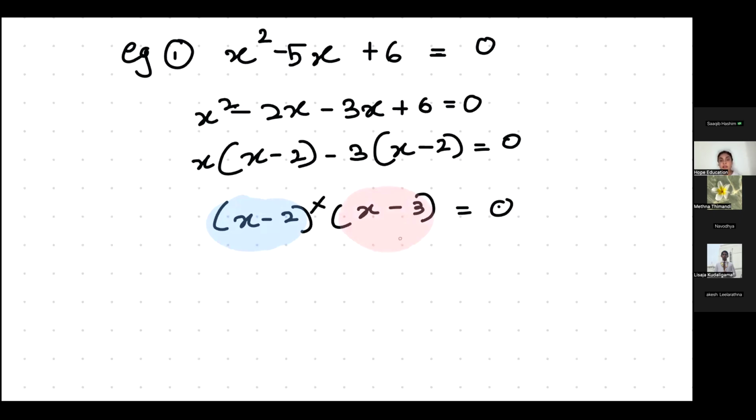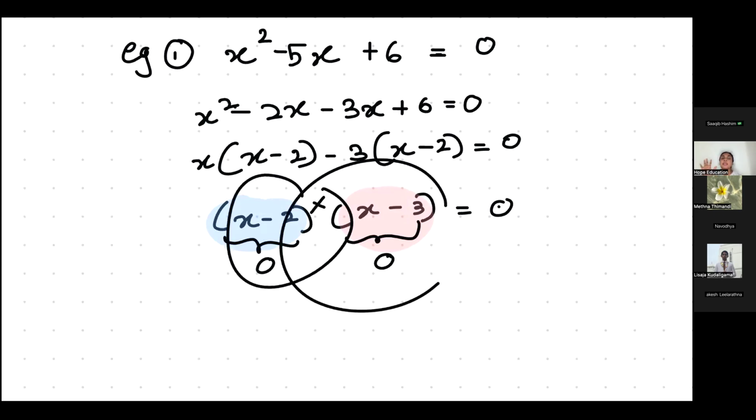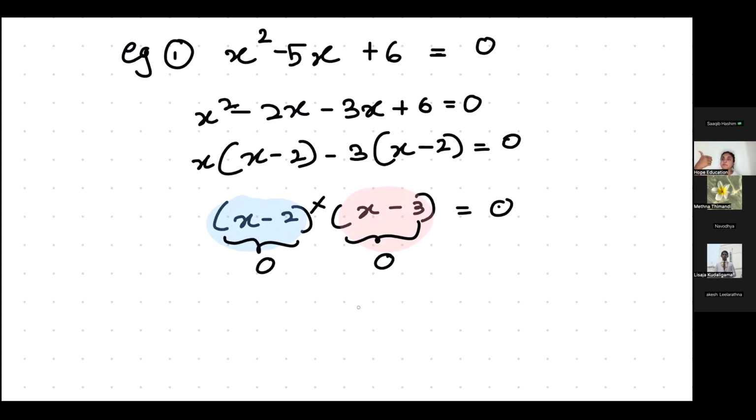That means either this has to be 0 or this has to be 0. Is that clear to you, kids? I'm just taking it step by step because I don't want to rush. That's why I ask at every step whether you understood. One of these two has to be 0. Is that clear? Thumbs up. If it's not clear, you can ask.